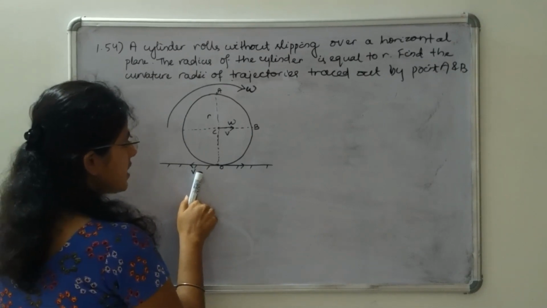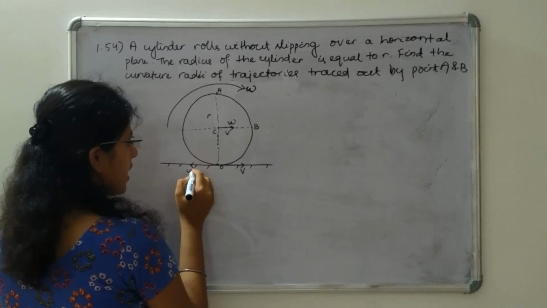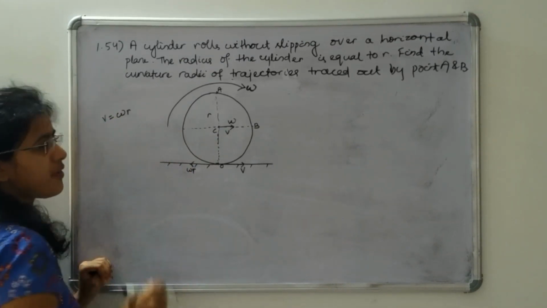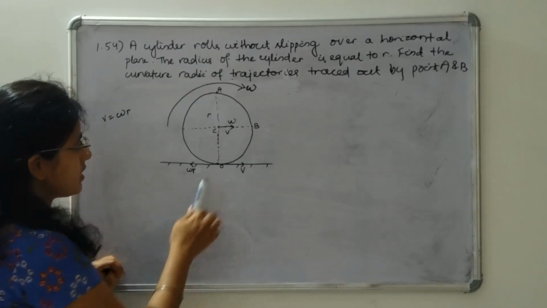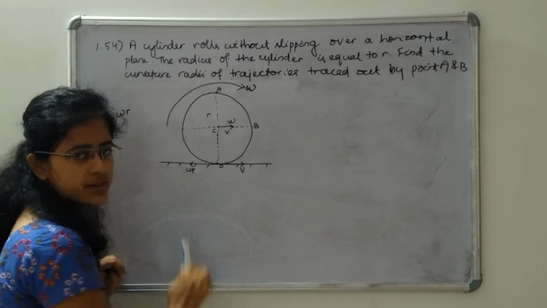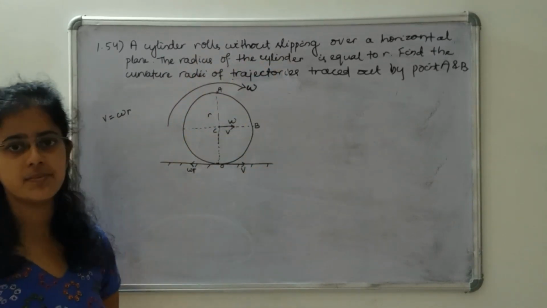So this must be equal to this V. This is omega r, because V is equal to omega r. For pure rolling, we know V must be equal to omega r, as this point has to be at rest. The point of contact must be at rest for rolling without slipping.